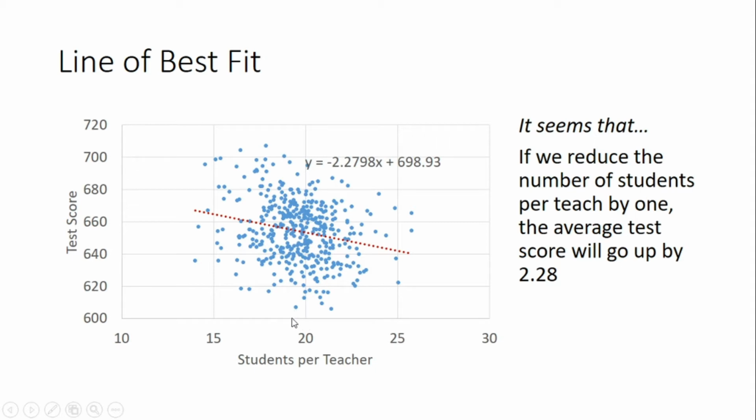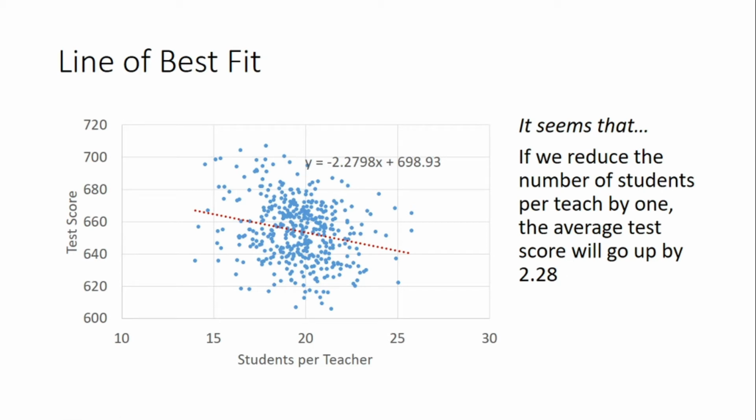So if we go from 20 to 19, the test score should go from, let's say, 633 or something like that to 635.28, right?